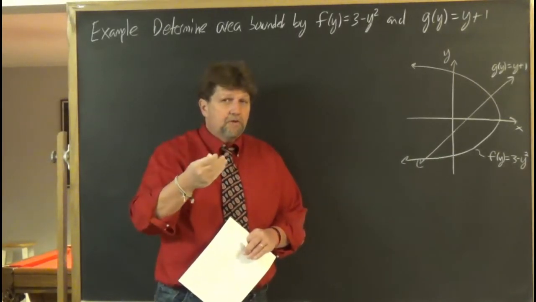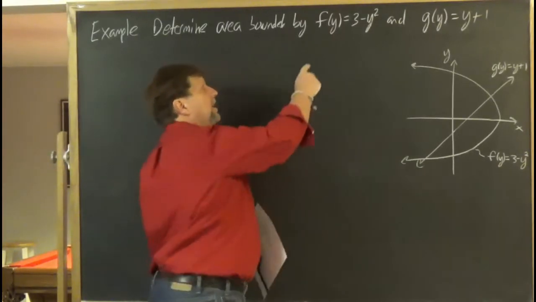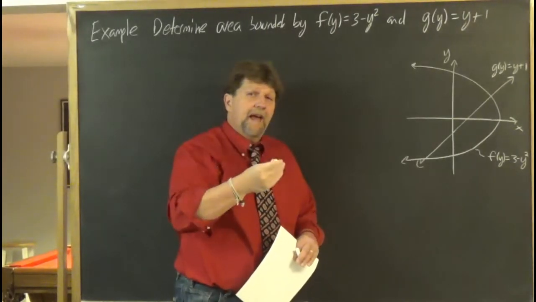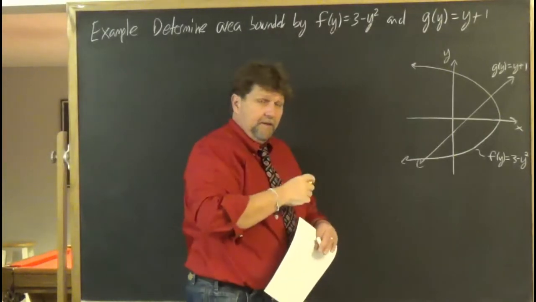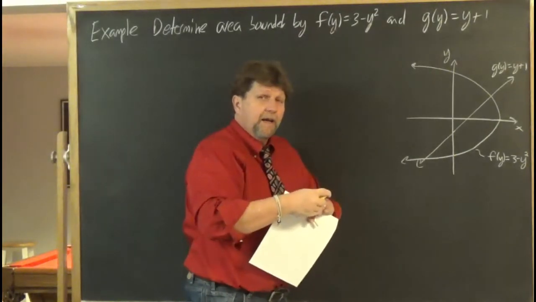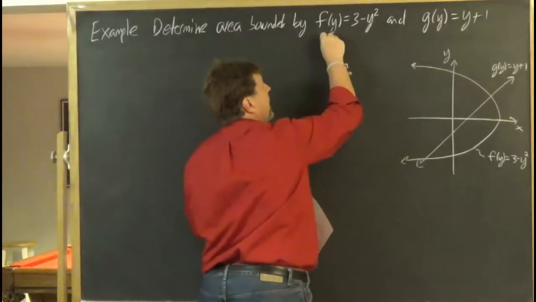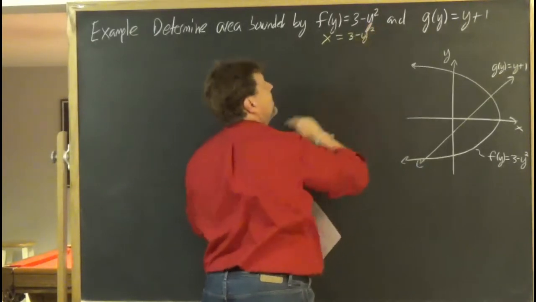The same thing's true when you have a function of y, except when you see f of y, you could think that's representing the variable x. So you could replace f of y with x. And if you replace f of y with x, you have x equals 3 minus y squared.